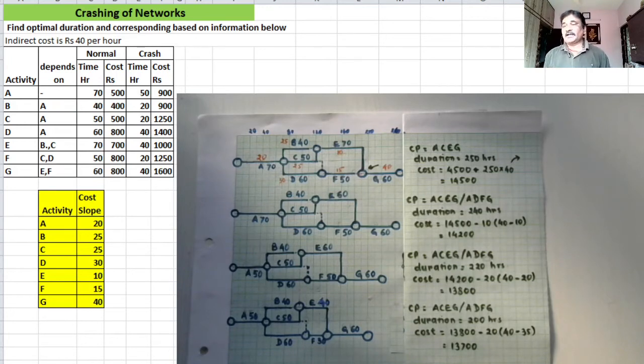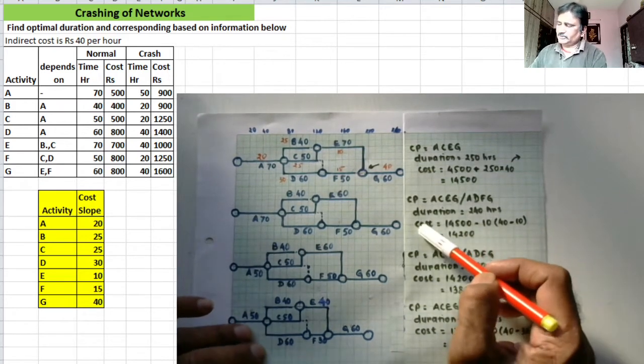I have crashed activity E by 10 hours, and the crashing cost per hour of activity E is 10. So 10 into 10, 100 rupees I have added. 400 I have saved and 100 rupees I have added, so there is a net saving of 300 rupees.